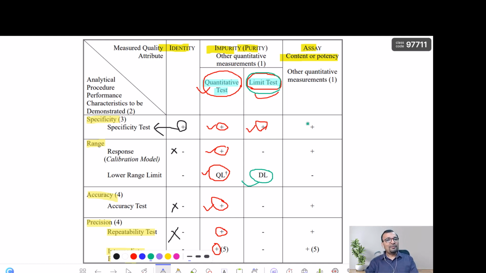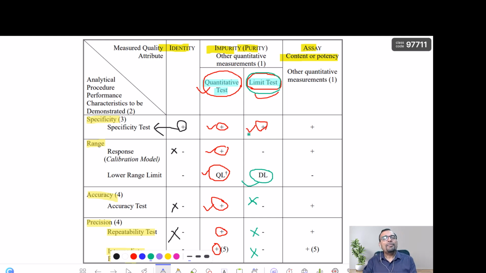So if there is no quantification, there is no point talking about a quantitation limit. The same is the case that accuracy is also not possible for the limit test. So accuracy is not performed, and precision is also not performed. Repeatability and intermediate precision are not possible. So what parameters are performed during the limit test? The first one is specificity, and the second one is the detection limit.